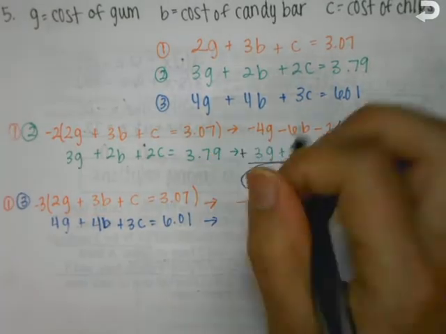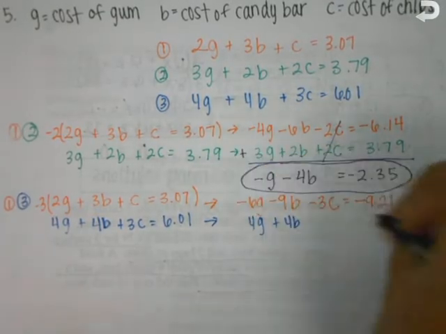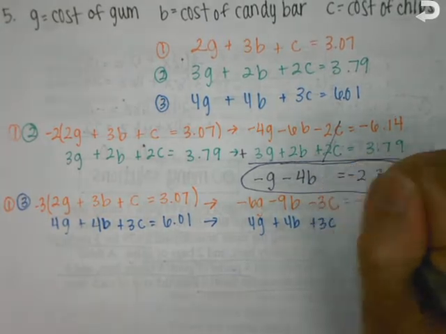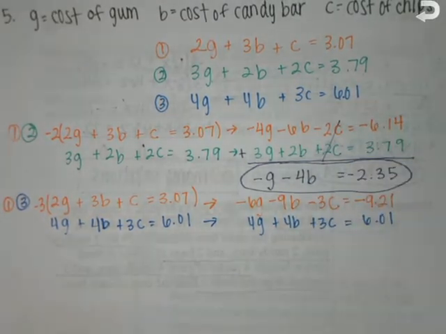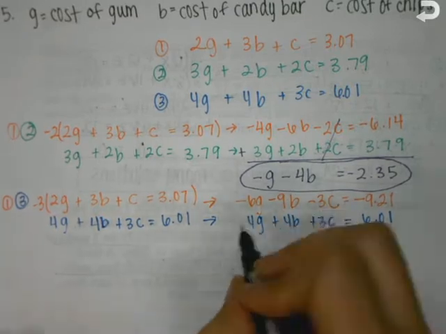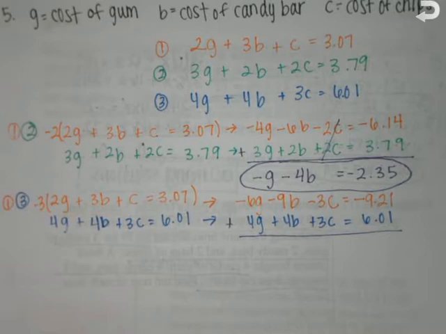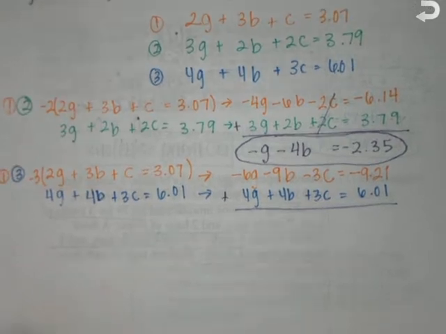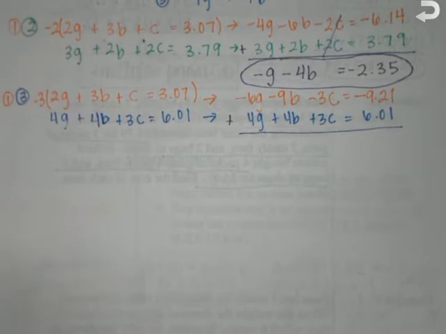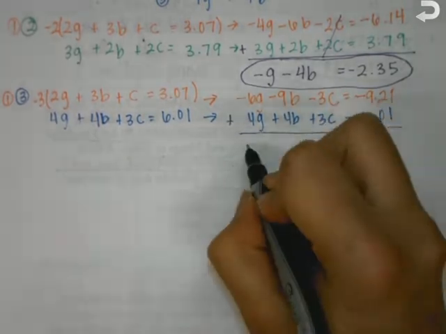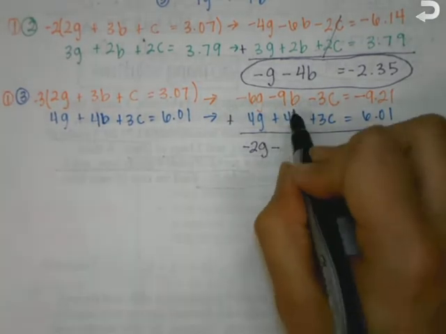Okay, add those two together. Alrighty, I'm going to scooch this up a little. Okay, negative 6G plus 4G is negative 2G minus 5B, those eliminate, equals negative 3.20. Circle that.